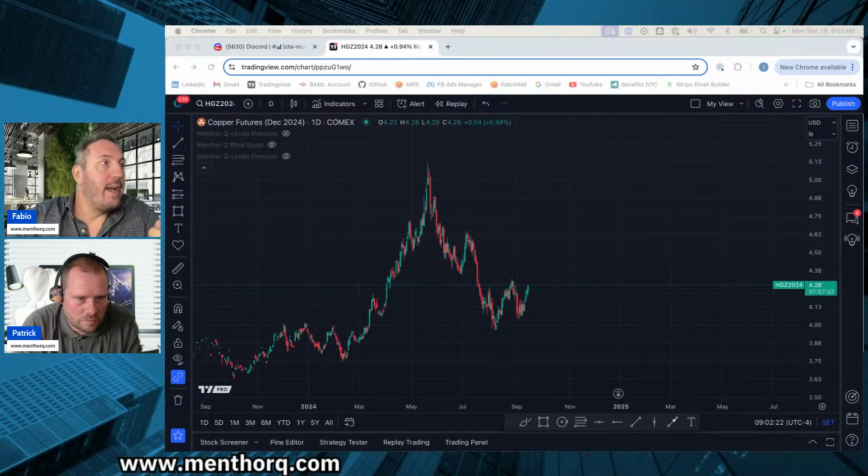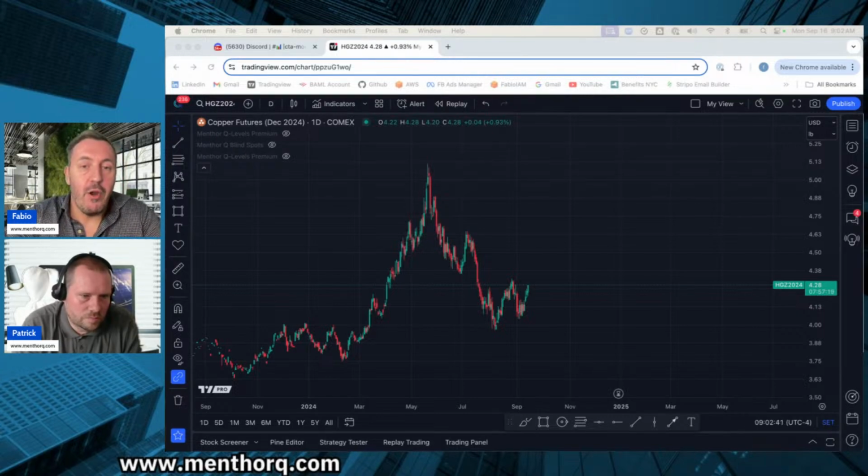Then we see monetary stimulus. Investors are expecting China to step up their policy support and fiscal spending to counter deflation and economic slowdown. And then we see also some fundamentals, coming mostly from China.